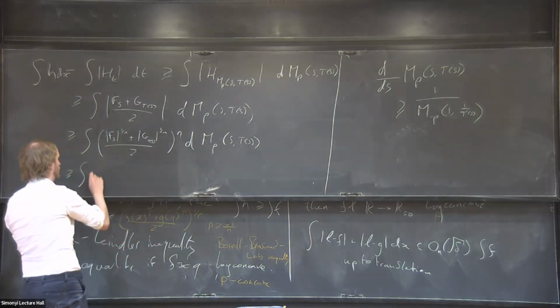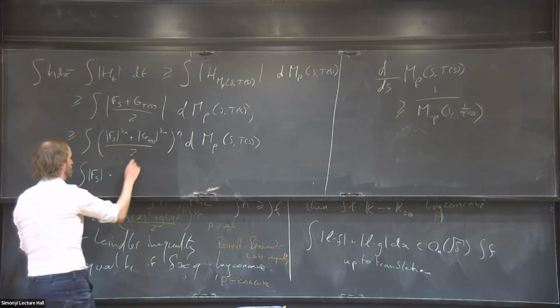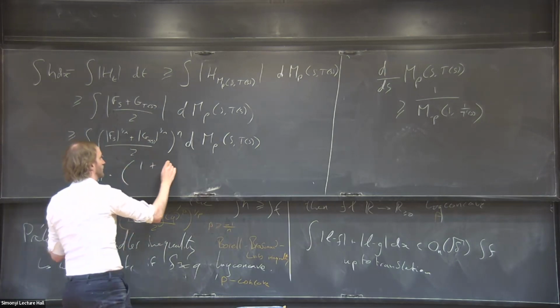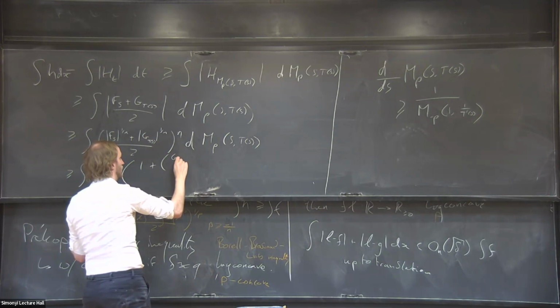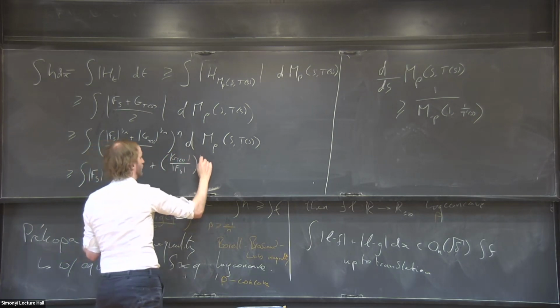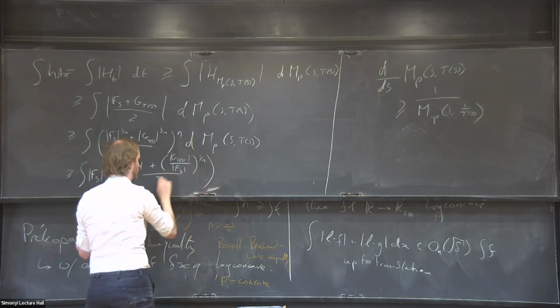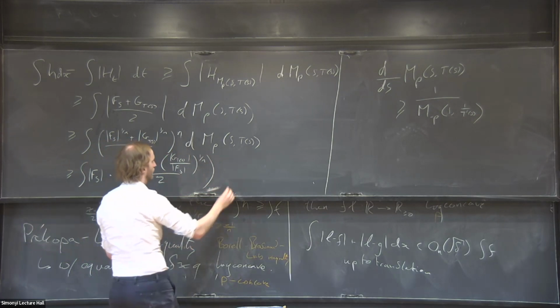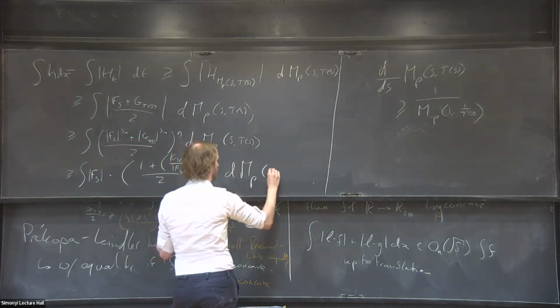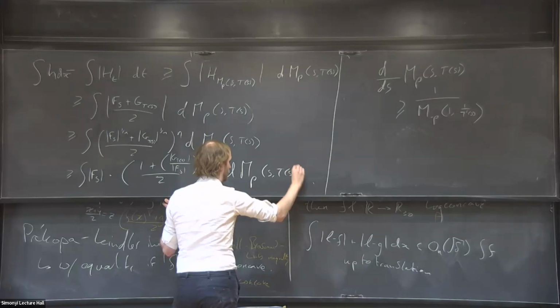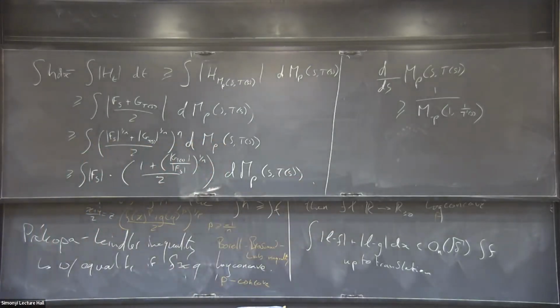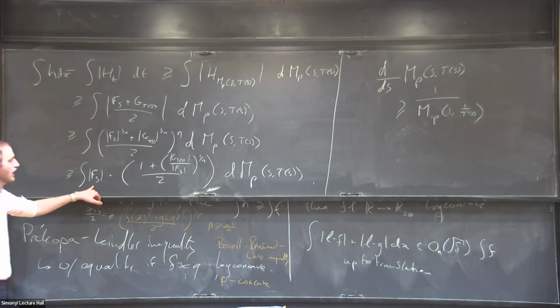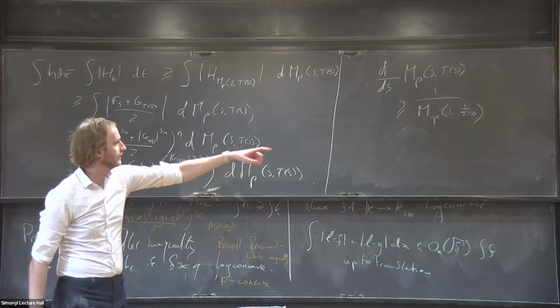Okay, so this is the size of f of s times 1 plus g of t of s over the size of f of s, to the 1 over n over 2, times dp times t. All right, nothing fancy going on, just pulling out the f of s. But now this looks a lot like that object there.